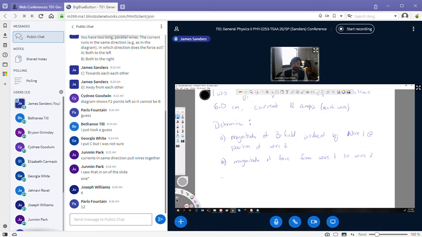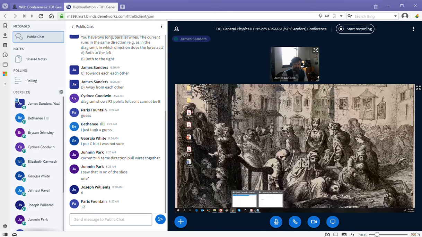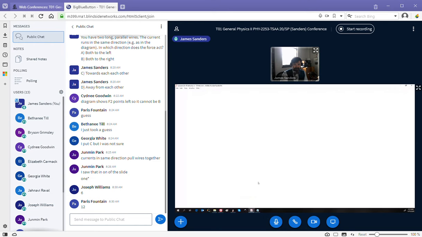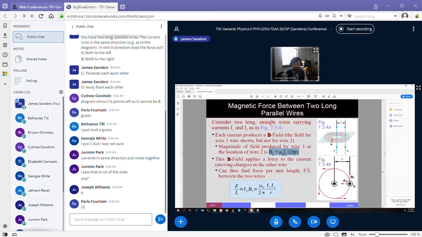Okay, so for A, we can use the equation that we just had from the notes, the one that says that B is equal to 4 pi times 10 to the negative 7 times the current, divided by 2 pi r. In other words, we just make use of this equation right here, mu naught I1 over 2 pi r.